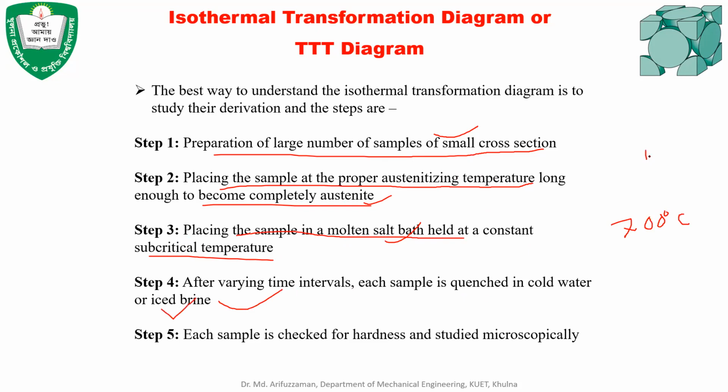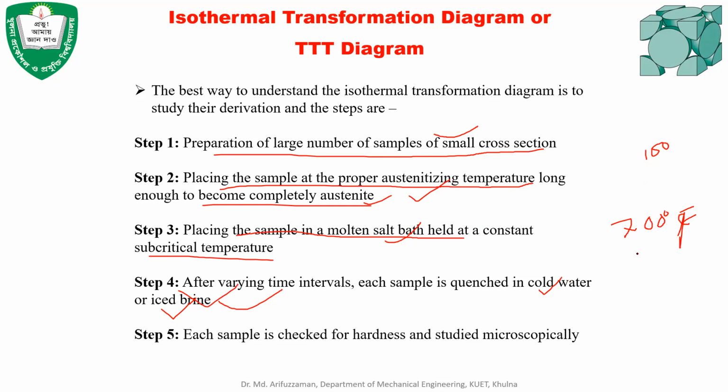Let's say you have 100 samples, and all 100 samples you have produced austenite. Then you put them in a 700 degree Fahrenheit molten salt bath, and after 10 seconds you take one sample out and quench it in ice brine or cold water to form martensite.